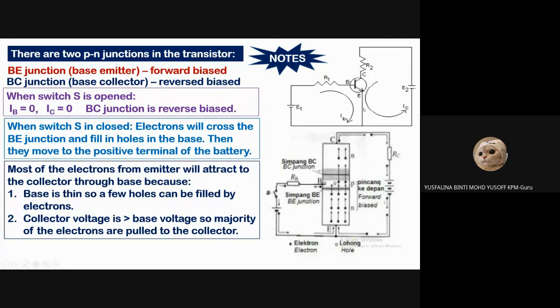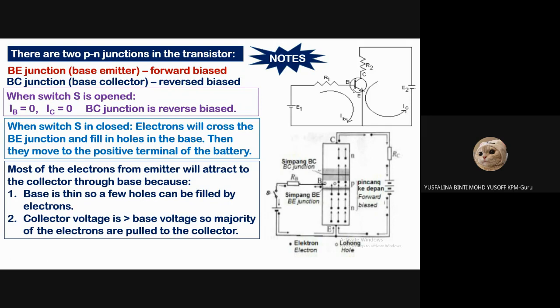Most of the electrons from the emitter will be attracted to the collector through the base, because the base is thin, so only a few holes can be filled by electrons. Base is thin means the junction is thin.